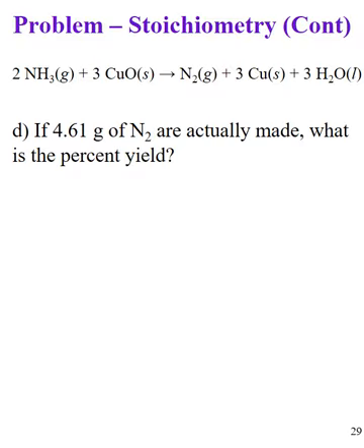The last part of this long stoichiometry problem is, if 4.61 grams of N2 are actually made, what is the percent yield? What we need to do is write the equation for percent yield. If we go back in the previous notes, we would find this equation.